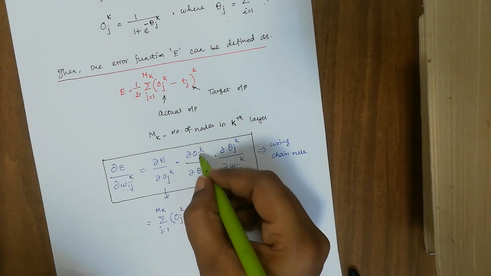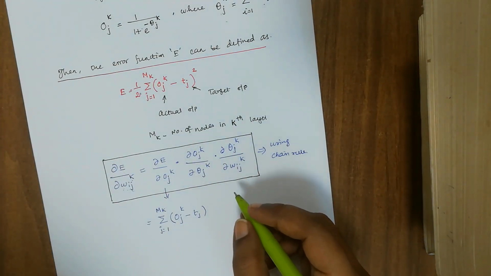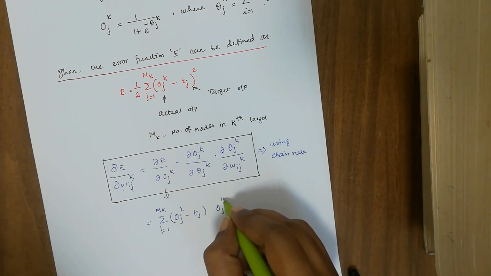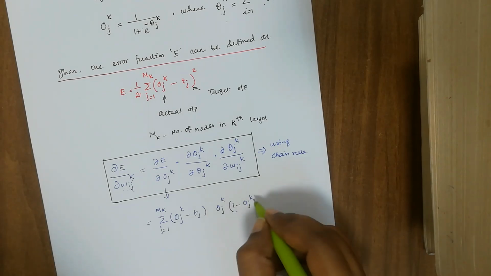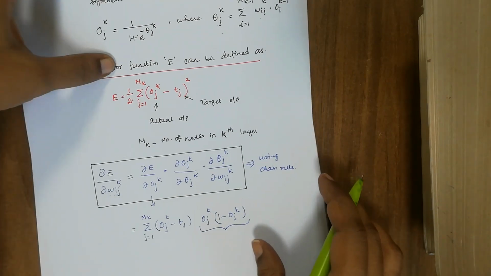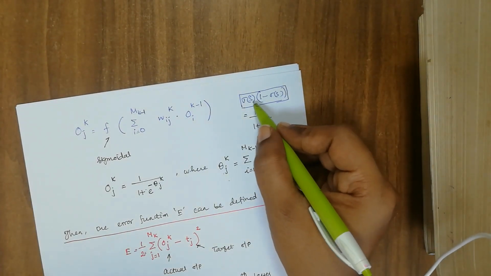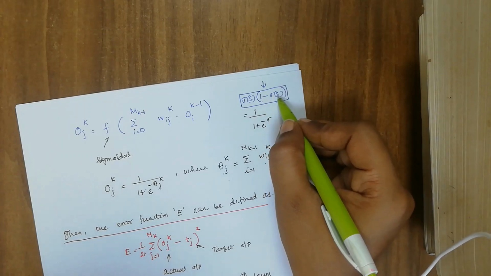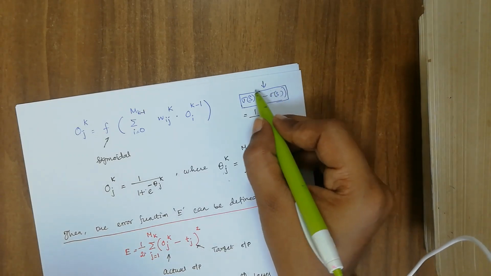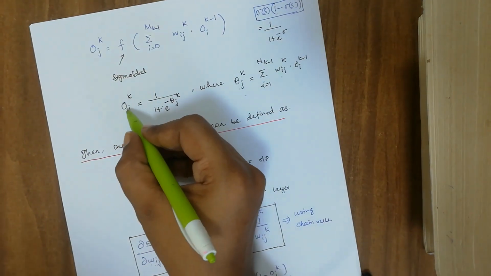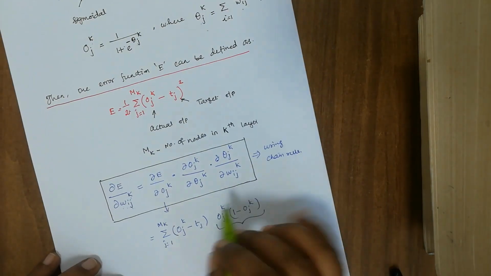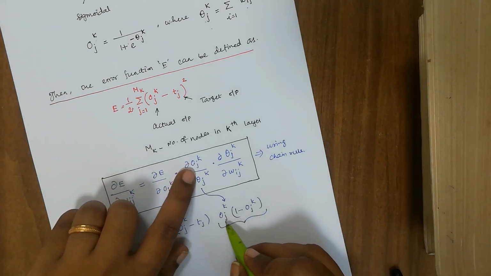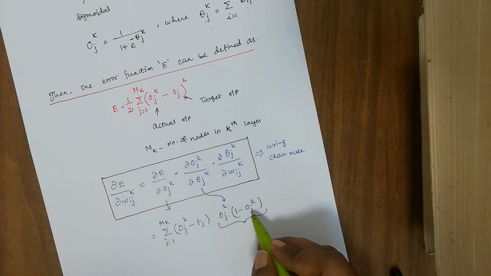Now Ojk is in the form of a sigmoidal function, so we can rewrite the derivative as Ojk multiplied by 1 minus Ojk, as I discussed in the PPT.